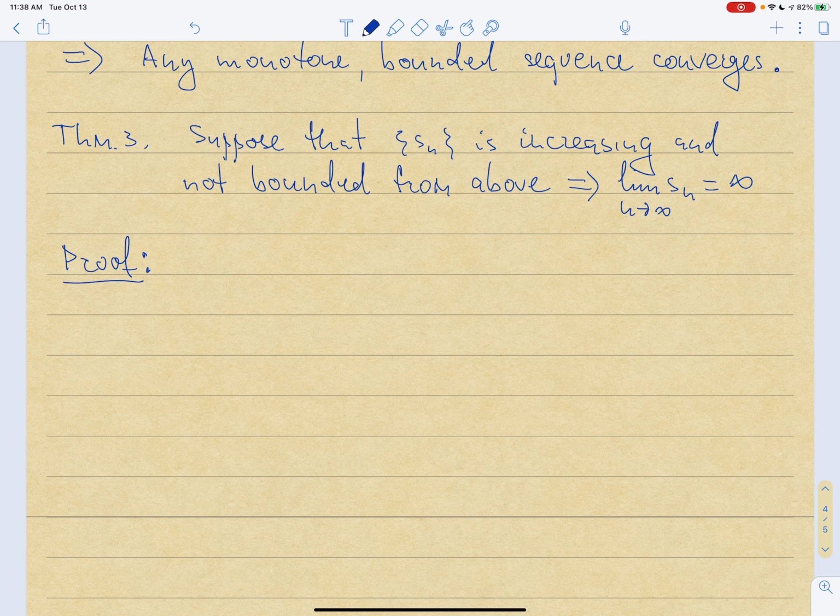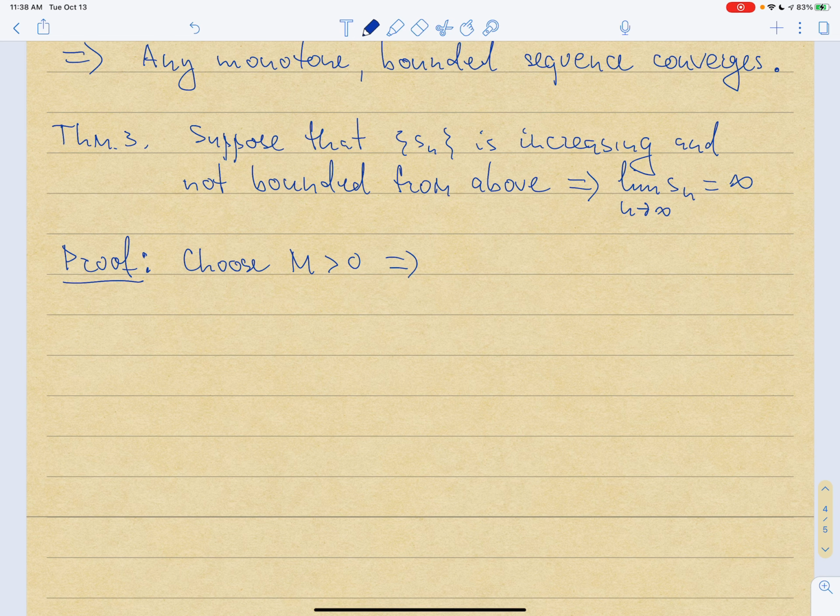And for the definition of the infinite limit, what we need to do is, given some number capital M, show that there exists a capital N such that if n is bigger than capital N, then all elements of your sequence are going to be larger than the capital M that you had in the beginning. So let's do this. Let's choose capital M greater than 0.